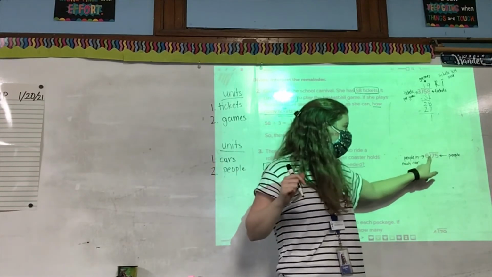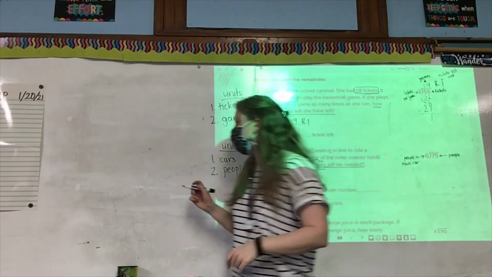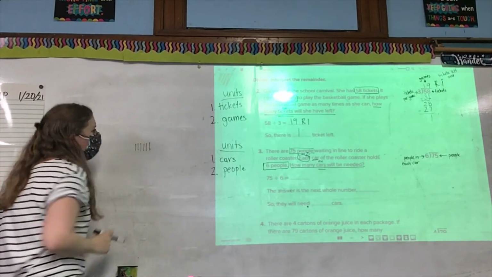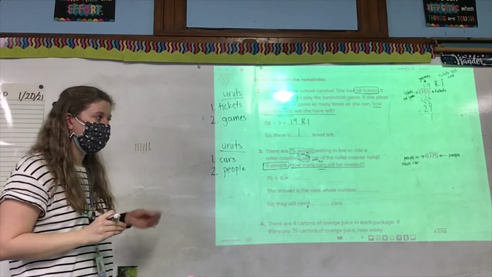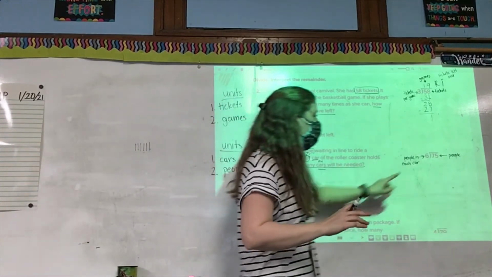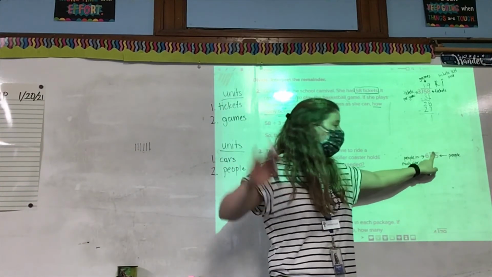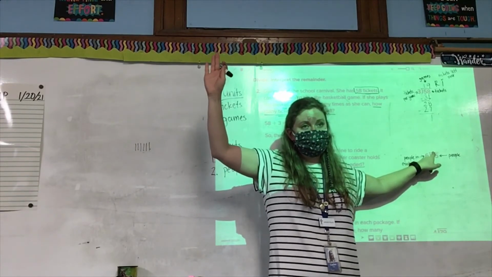Can our quotient and our divisor be the same thing? Can I take 6 items and put them in 6 more items? No. So that means if our divisor is the number of items in each group, our quotient has to be the number of what?